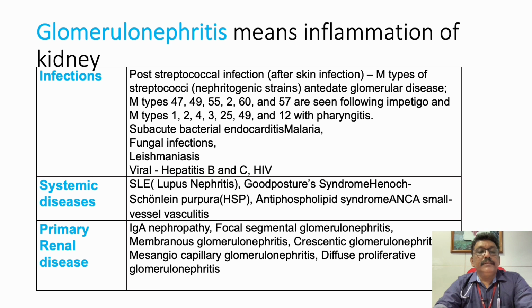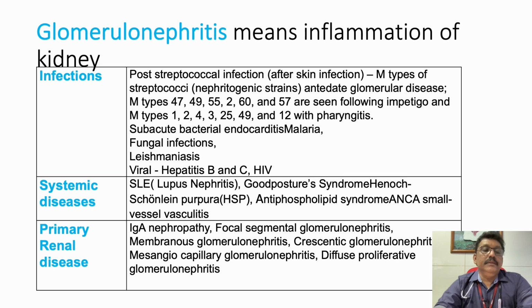Other systemic inflammatory conditions like SLE are one of the most important causes of acute glomerulonephritis. SLE is very important, especially in female patients. Goodpasture syndrome, HSP, Henoch-Schonlein purpura, antiphospholipid antibody syndrome, ANCA small vessel vasculitis.